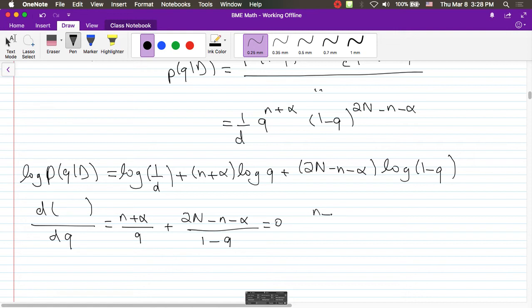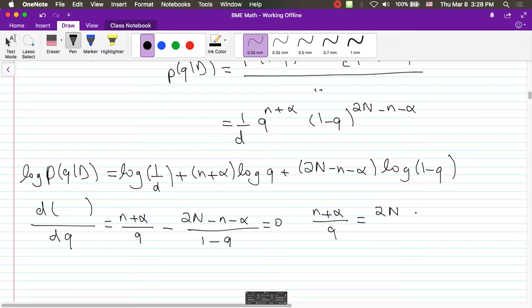So I get (n plus alpha) over q is equal to, sorry, this is minus. Right, because for log of (1 minus q), its derivative is the numerator divided by (1 minus q) times the derivative of (1 minus q), which is minus 1.